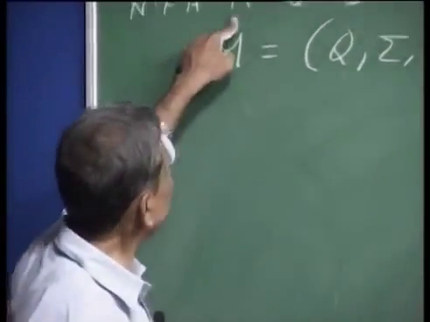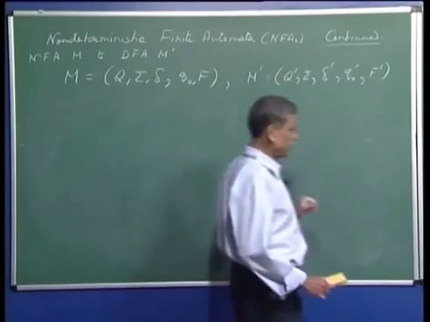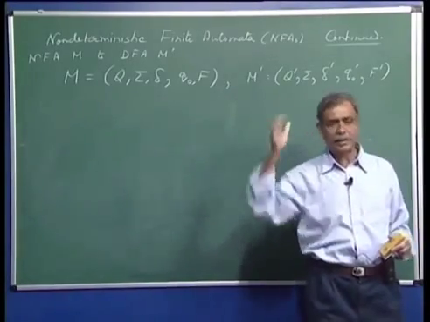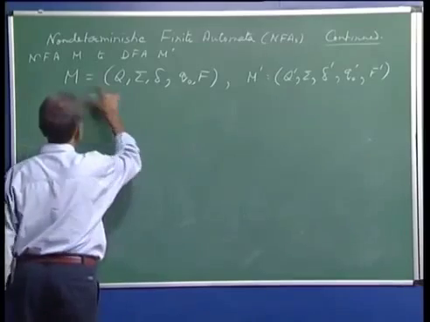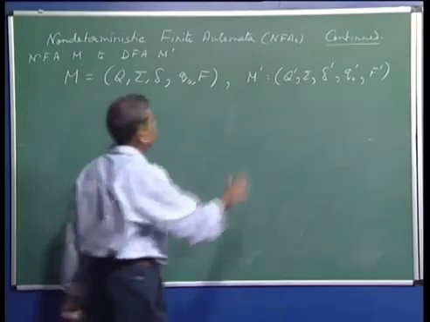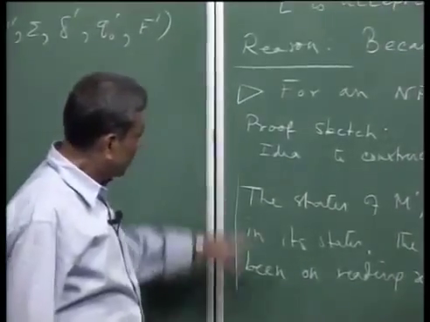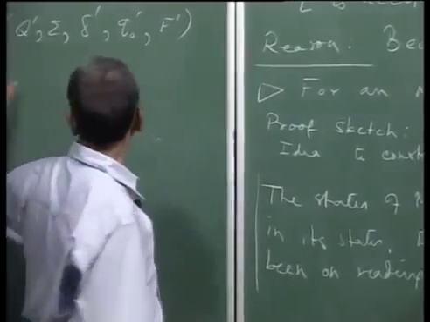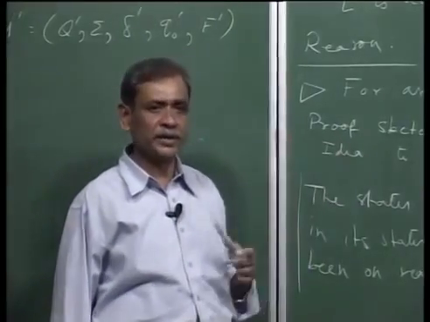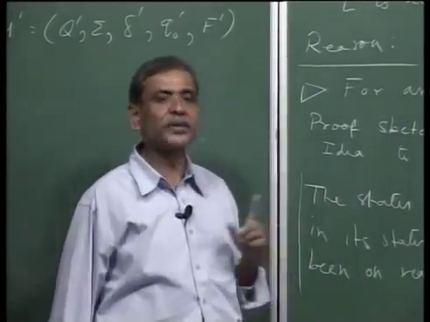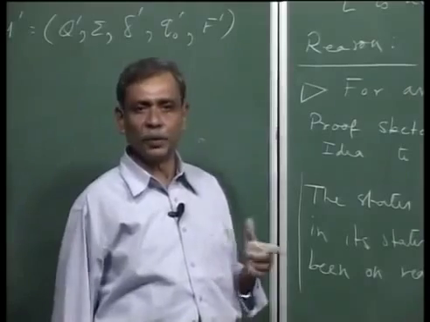So, let me now give a little more detail on this idea. From the NFA M, we would like to get to a DFA M dash, which is equivalent in the sense that M dash, the DFA, accepts the same language as that of the NFA. So, if our NFA was this Q, sigma, delta, Q0, F, M dash, let me write it as Q dash, etc. Our strategy for this DFA M dash is that it is going to keep track, through its states, of the set of states M could be in after reading some initial part of the input.